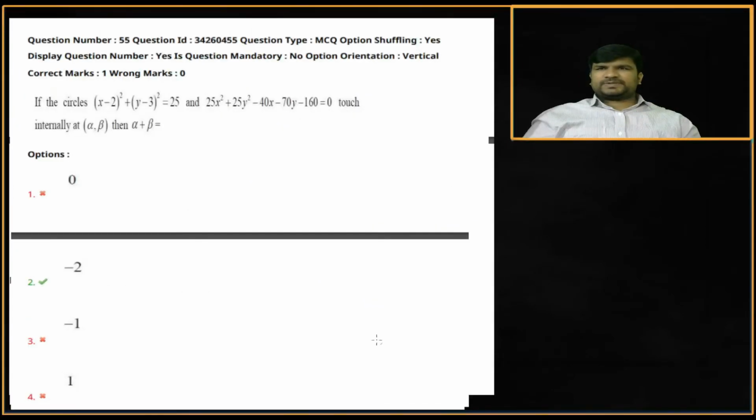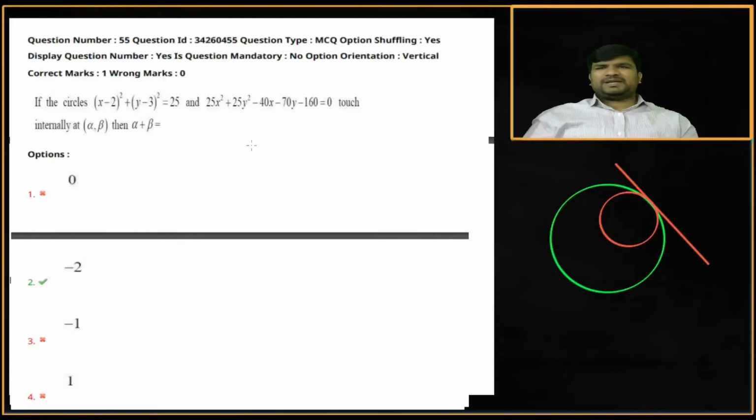Next question is: if the circles touch internally at alpha, beta, then find alpha plus beta. If two circles touch internally, the external center of similitude exists.